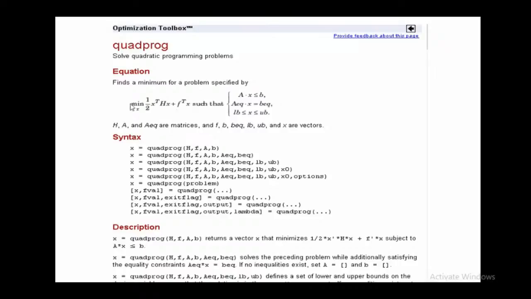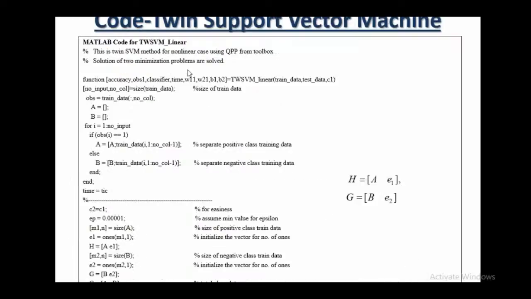Now I'm showing you this code for the linear problem. Here we call this the twin SVM linear function, and we are passing the train data, test data, and C1, which is your parameter. From this function we return all these values.